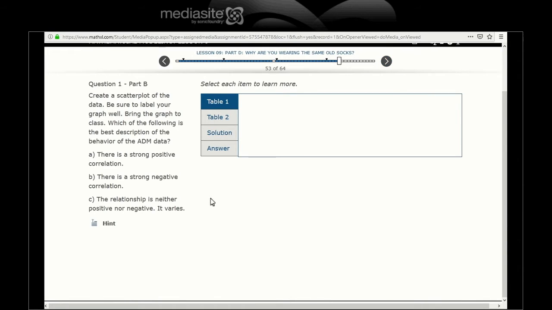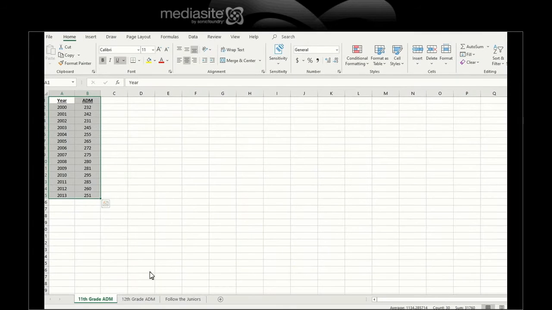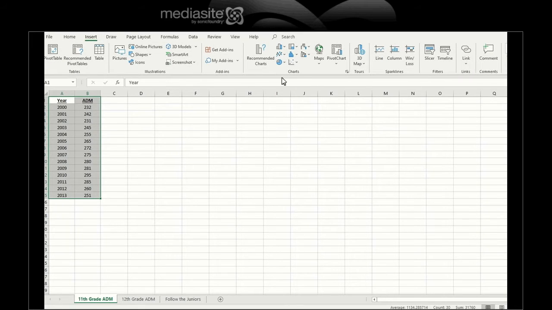So let's do a scatter plot of 11th grade. The year would be our explanatory variable, our x-axis. Average daily membership would be our y, our response. To make a quick scatter plot in Excel, highlight the data, then insert a graph.